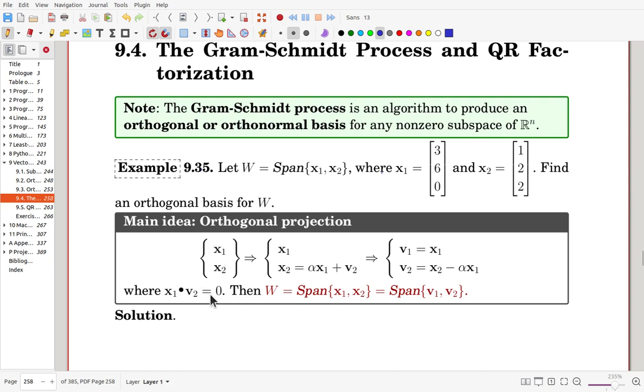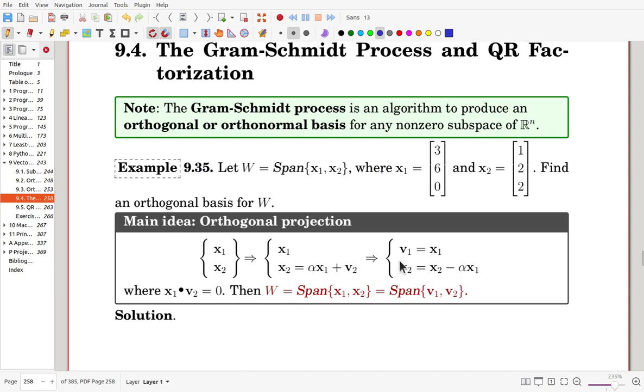For given x1 and x2, first we'll project x2 onto x1, and v2 is orthogonal to x1. That is orthogonal projection. Now, rather than x1, x2, we'll try to choose v1 and v2. Of course, v1 is x1, and v2, from here we can get it.